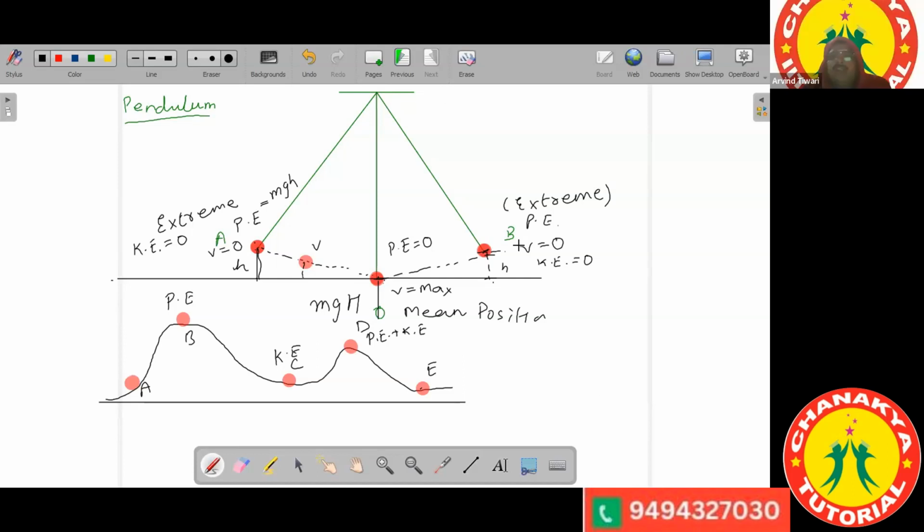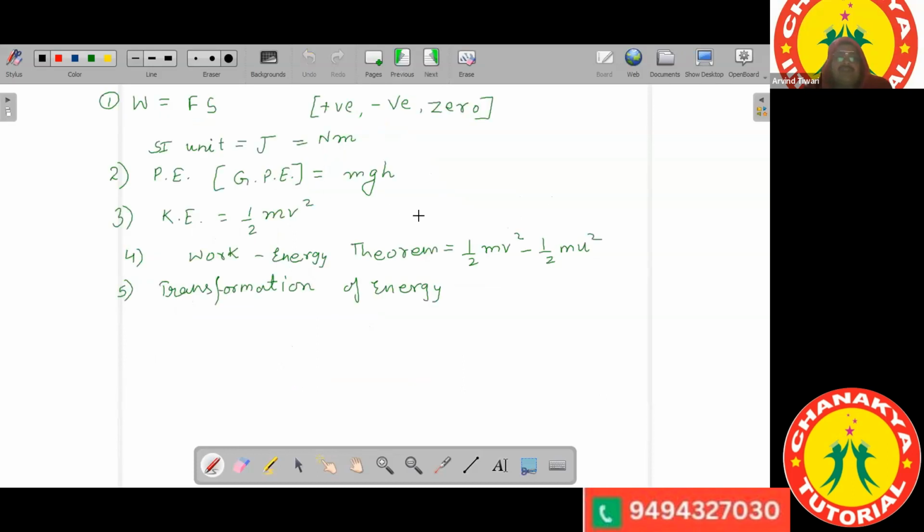See, for the complete revision, I have written here all the formulas. You can check all the formulas which are involved in this chapter.